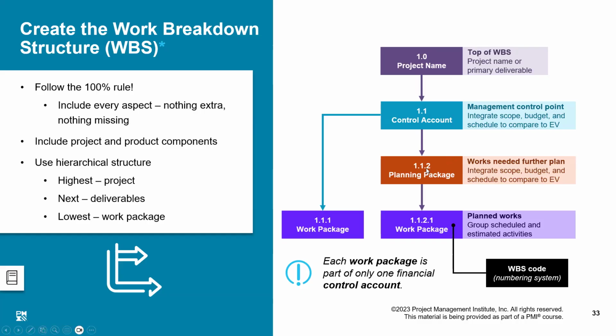Whereas there was a portion of work which we don't know what is included in it, and we need to learn about it over time, and therefore we create it and we leave it there. This is our planning package. But after the rolling wave planning, when things are clearer, then we can break it down into work packages. Does it make sense?